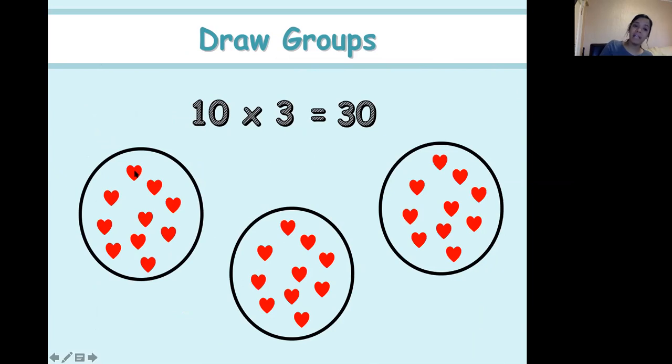Once I put 10, 1, 2, 3, 4, 5, 6, 7, 8, 9, 10 in each group, then I can count them all to get my answer. So I have 10, 11, 12, 13, 14, 15, 16, 17, 18, 19, 20, 21, 22, 23, 24, 25, 26, 27, 28, 29, 30. So I should get 30 as my answer, okay?